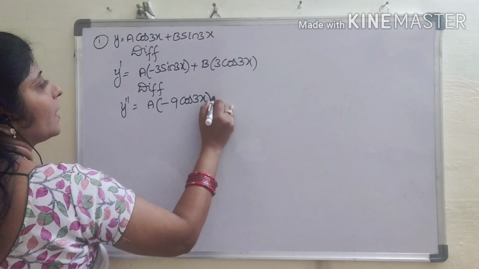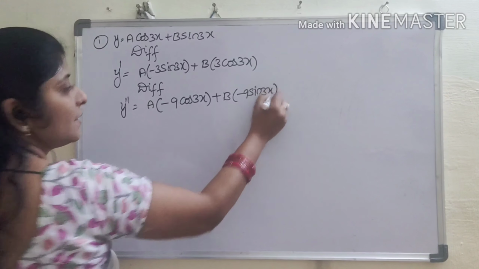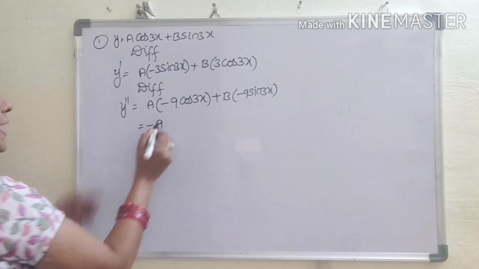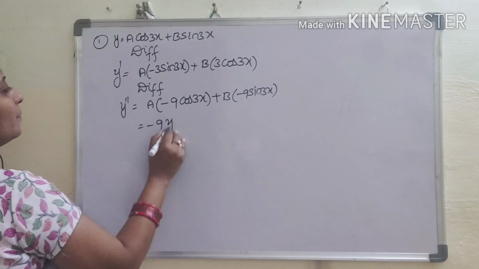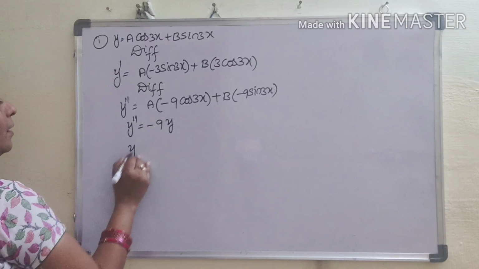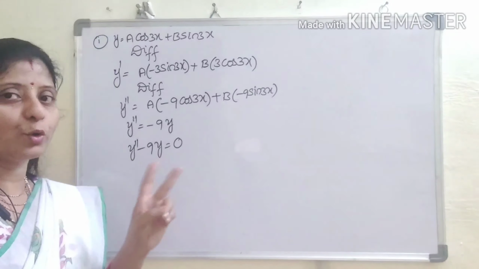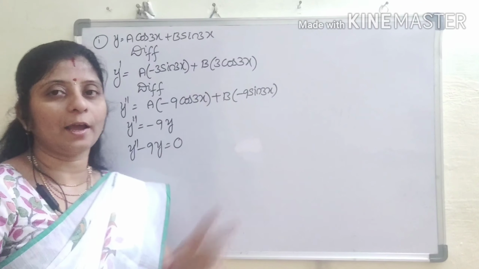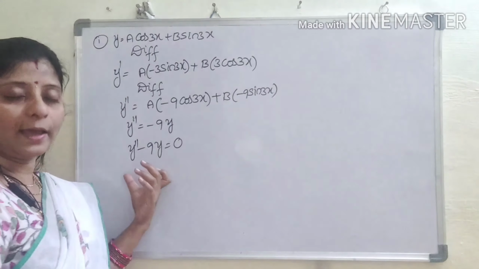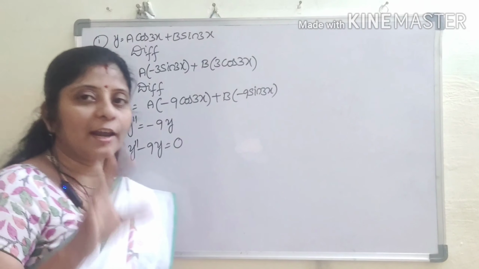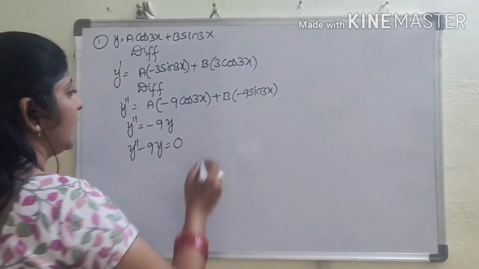This will be minus 9 sin 3x. Taking minus 9 common, we get a cos 3x plus b sin 3x, which will give y. We have eliminated a and b by differentiating 2 times because we have 2 parameters. So we got the differential equation. So how many parameters are there? Depending on the parameters, the derivatives will be increased.